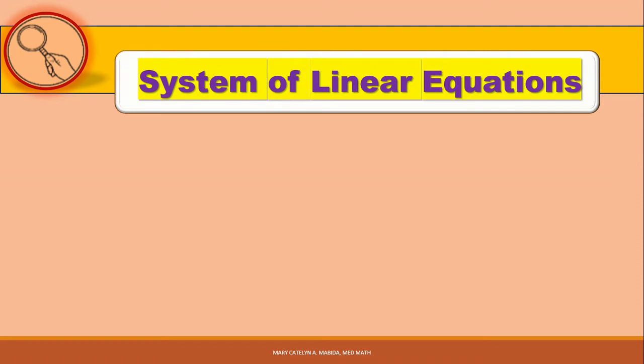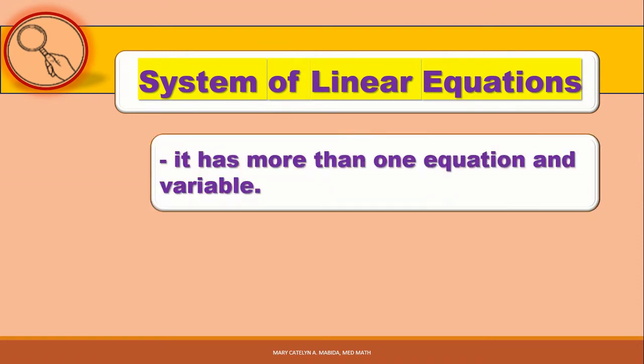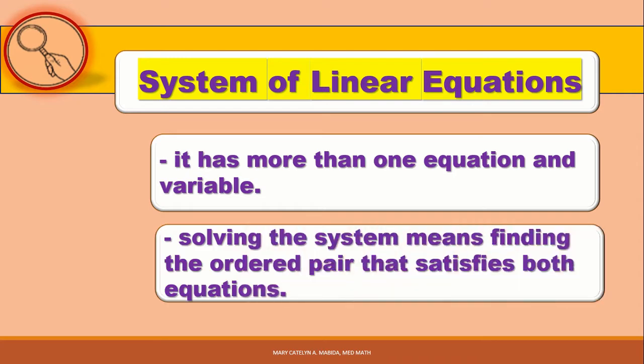A system of linear equations consists of more than one equation and variable. To solve the system of equations in x and y means to find the ordered pairs that both satisfy the equations of the system.